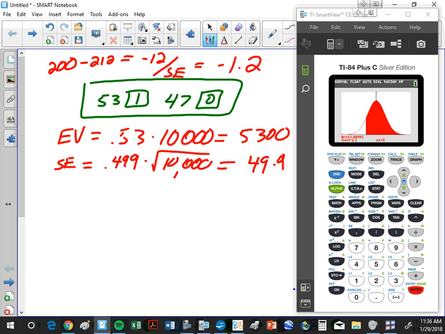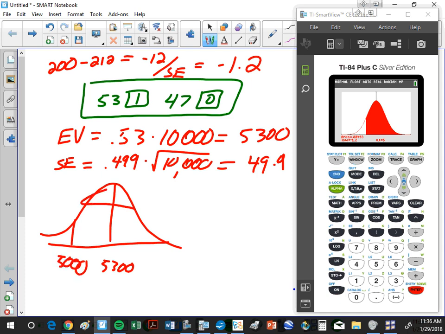Okay, so now we do this, 5,300. What value am I looking for? 5,000 or bigger. I want this area. So how far away am I?